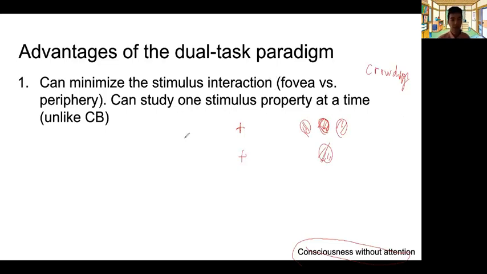Dual task can do it, but change blindness is not possible to do it, because change blindness does require some kind of complicated stimulus manipulation to achieve this distraction or misdirection of the expectation. Okay, so that's one advantage of the dual task.